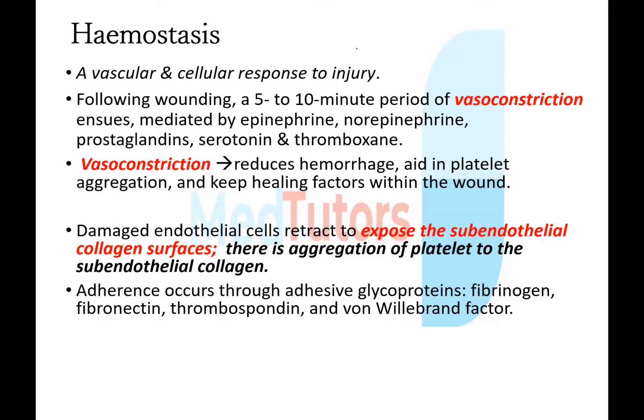And this adhesion of the platelet to the subendothelial collagen is through adhesive glycoproteins. These are factors that aid this adhesion: fibrinogen, fibronectin, thrombospondin, and von Willebrand factor. Von Willebrand factor is very important in platelet adhesion to exposed subendothelial collagen.